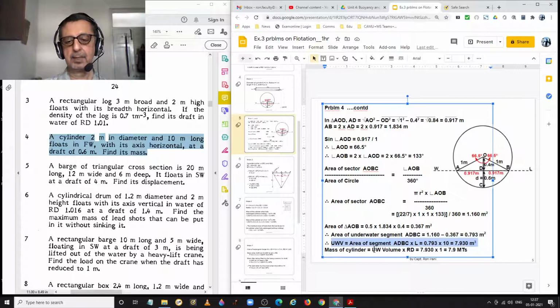And we know that the underwater volume multiplied by relative density will give us the mass of the cylinder. Thus, we have 7.930 multiplied by 1 equal to 7.9 metric tons. One place of decimal is enough for calculating mass.